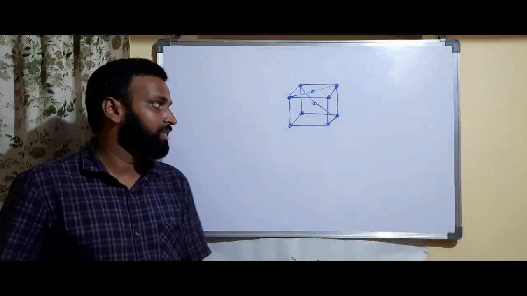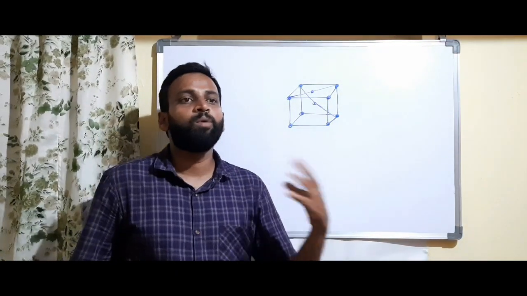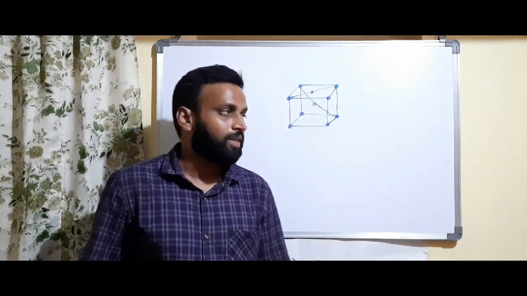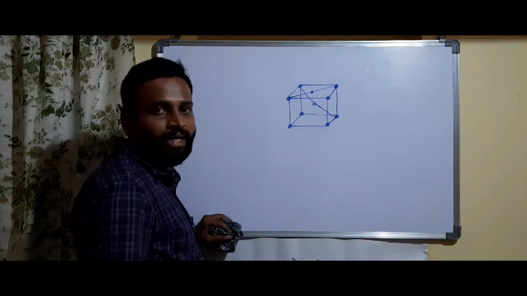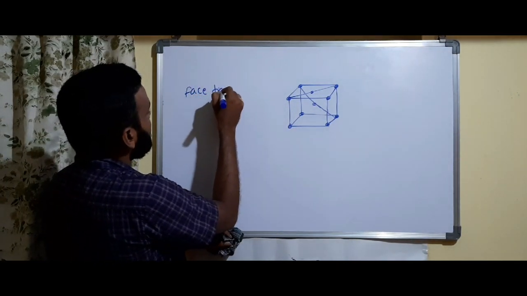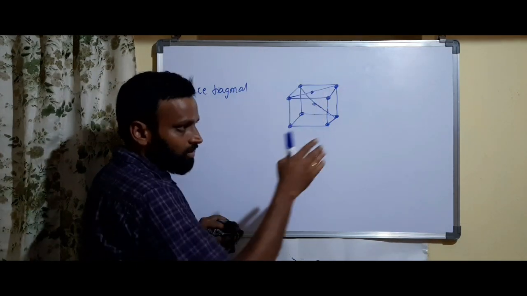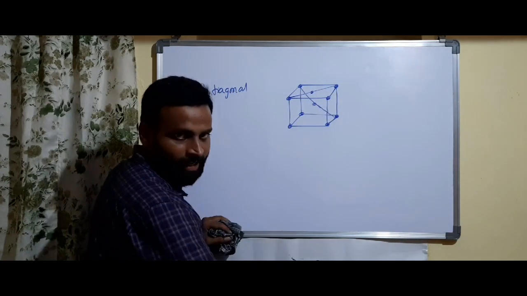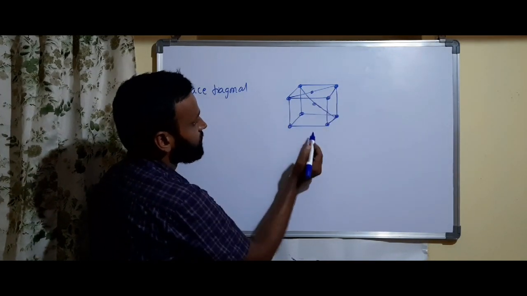In some numericals, they'll say atoms in the face diagonal or atoms in the body diagonal were removed. Then what to do? What is the face diagonal and what is the body diagonal? It's very important. Diagonal means like this. This is called a diagonal, na? Diagonal manner. So face diagonal means 3 atoms we have to remove.